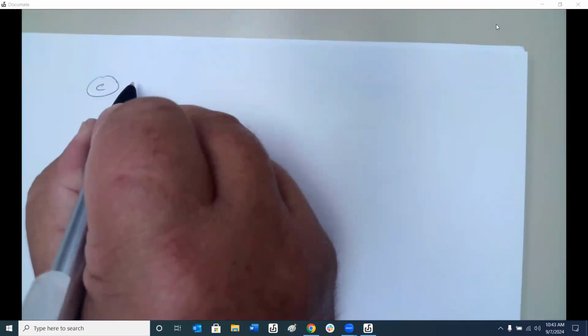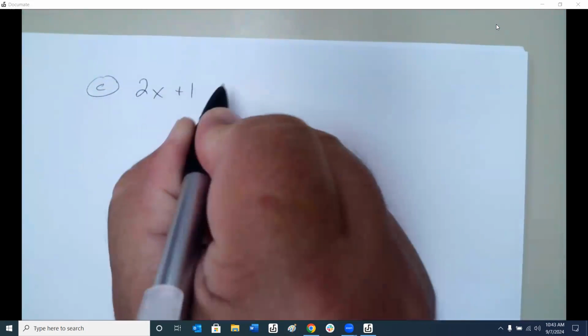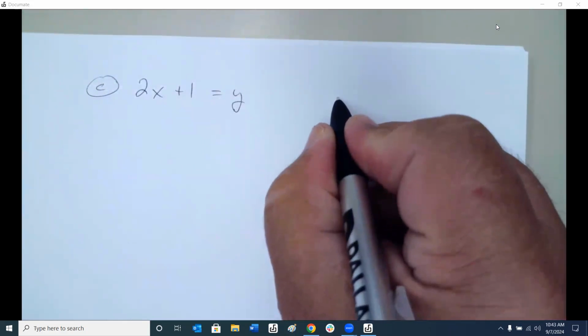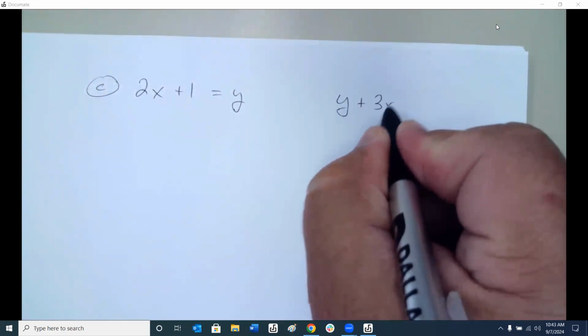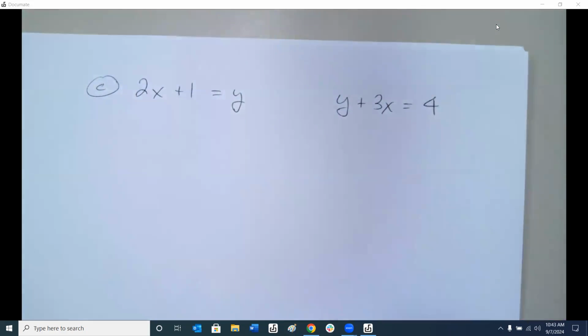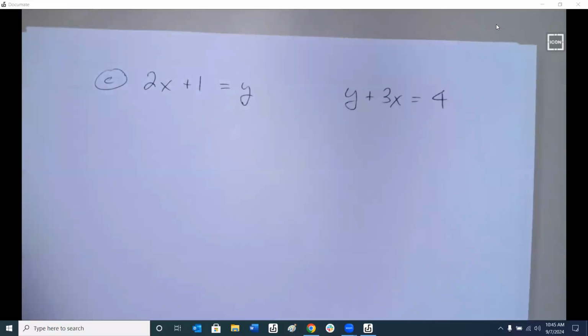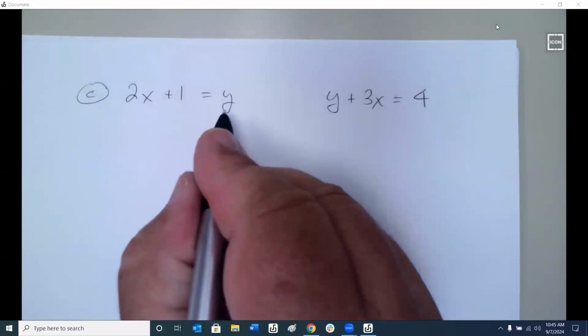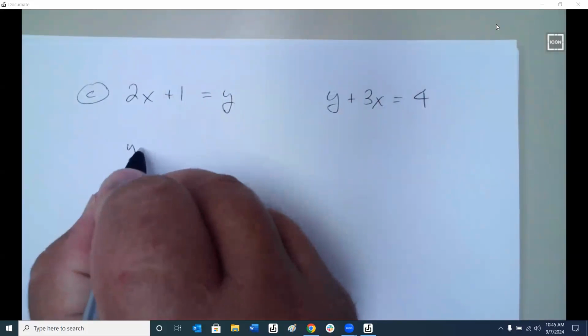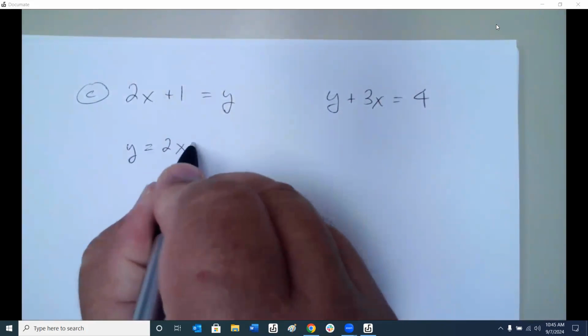And the third one. 2x plus 1 equals y. y plus 3x equals 4. This one's already in the form, so it's y equals 2x plus 1.